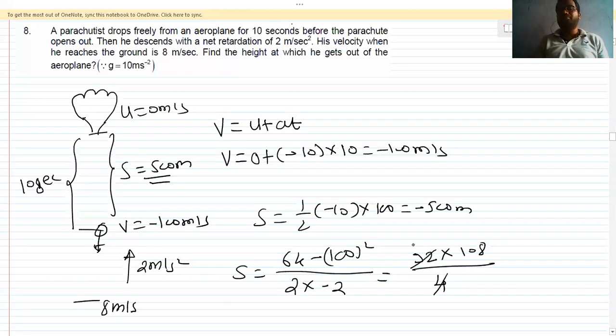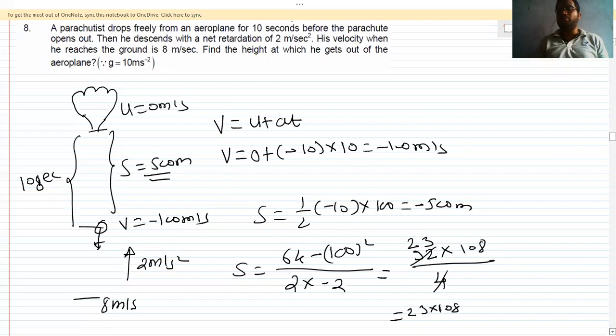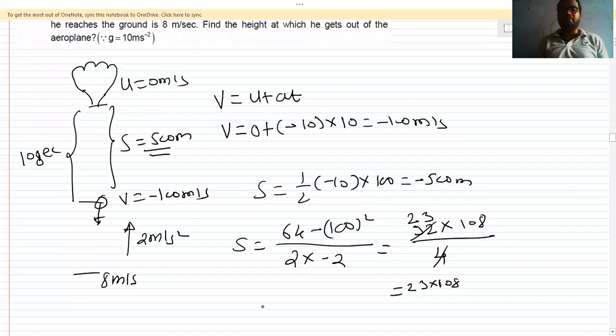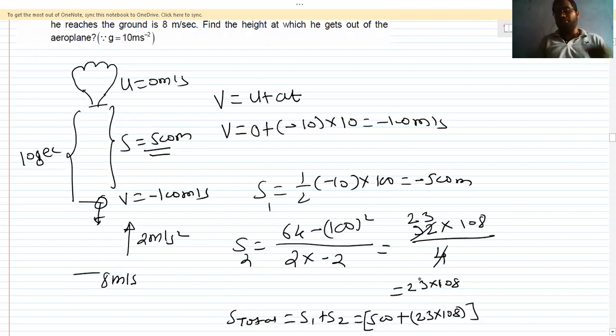So this will be 23 into 108. So just the addition of these two will give you the answer. This is S2, this is S1. So S total is equal to S1 plus S2. So that is 500 plus 23 into 108. So just calculate it and see. I think 2384 will be the answer. Then check it once.